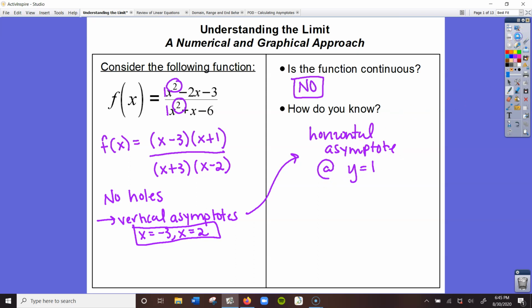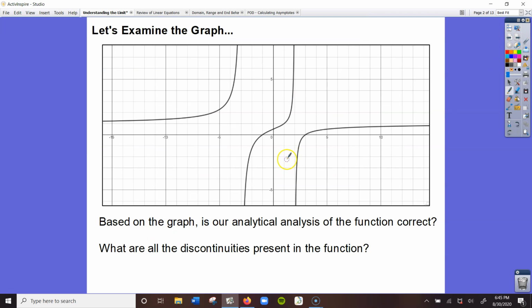Now we're going to take a look at the graph. This is the graph of that particular function. You'll notice that we have those vertical asymptotes, as we stated, at x equals negative 3 and at x equals positive 2. Additionally, we can see that the horizontal asymptote is at y equals 1.